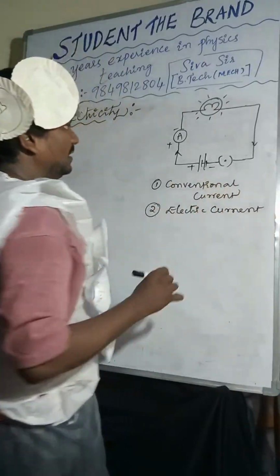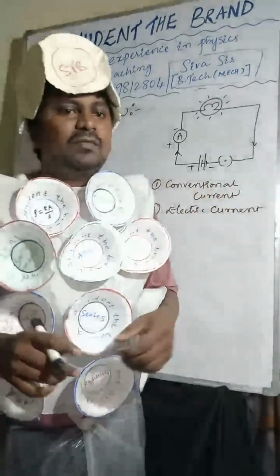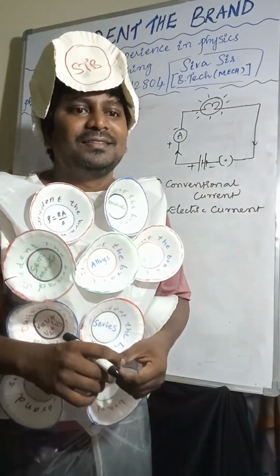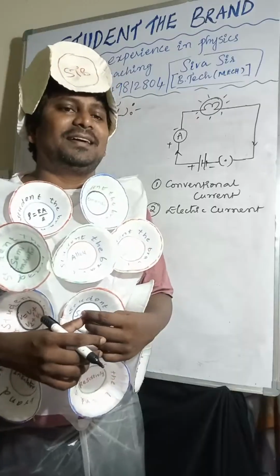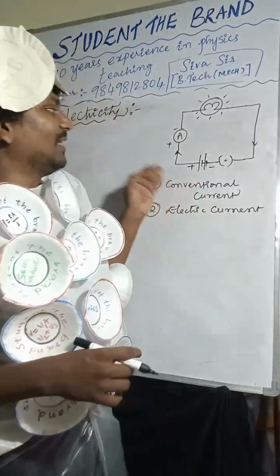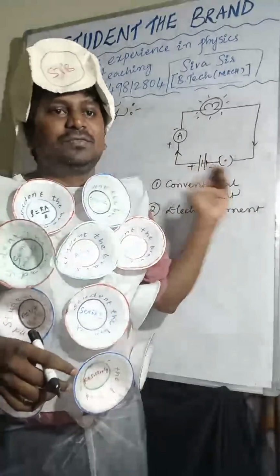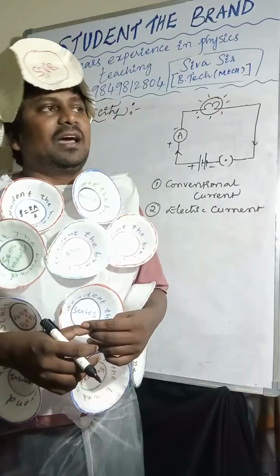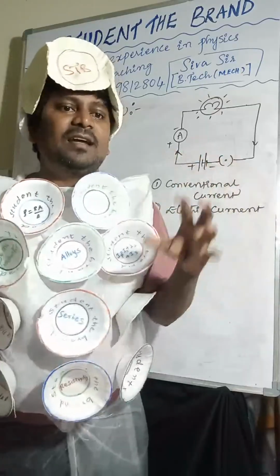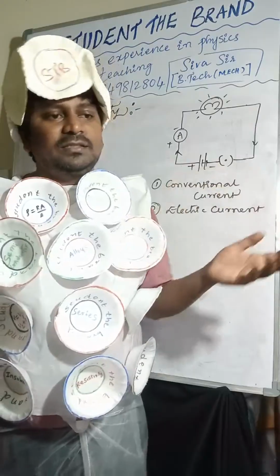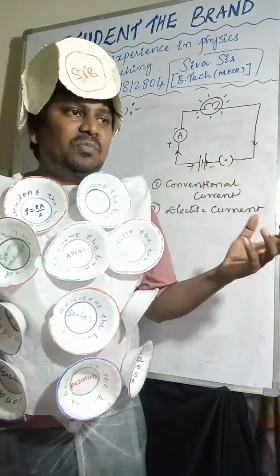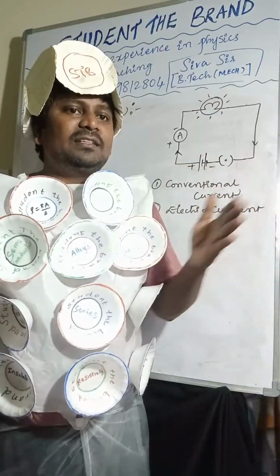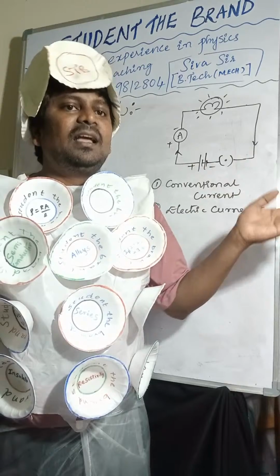Conventional current is nothing but the flow of positive charges. Before electrons and protons were discovered, scientists gave the statement that the direction of flow of positive charges will be considered as the current.